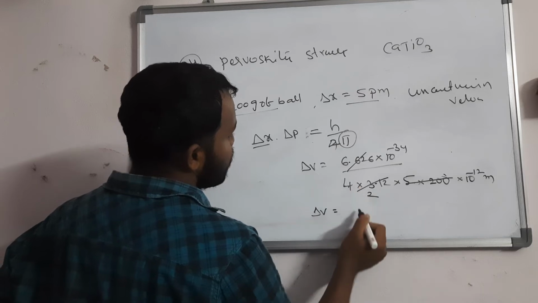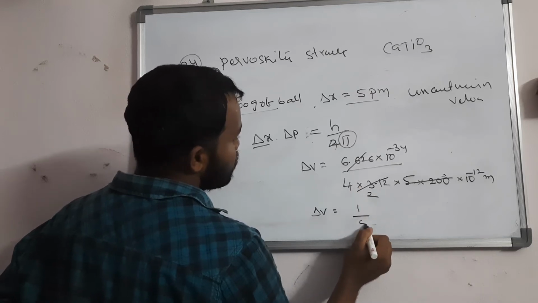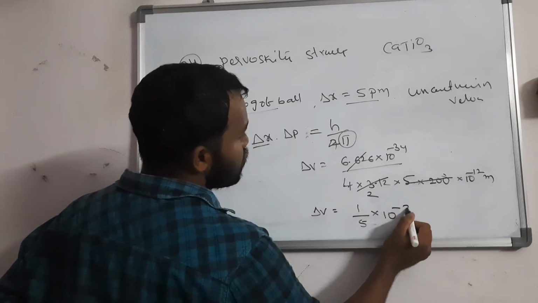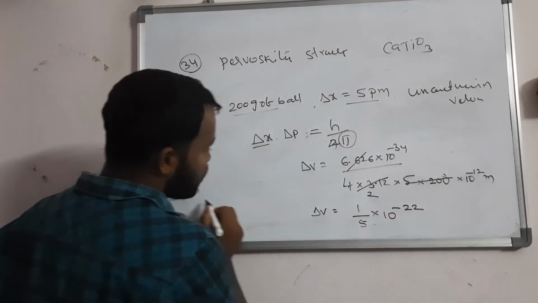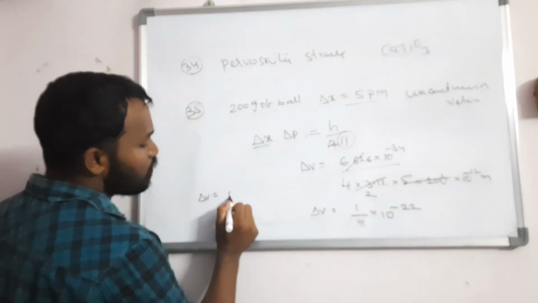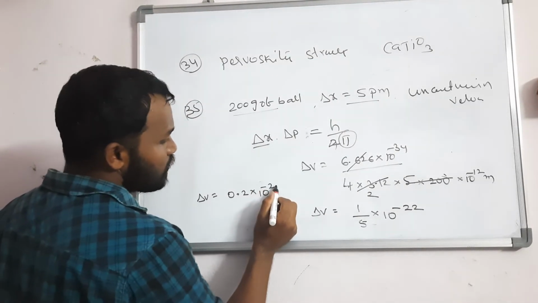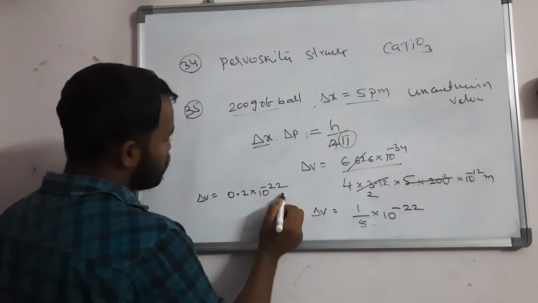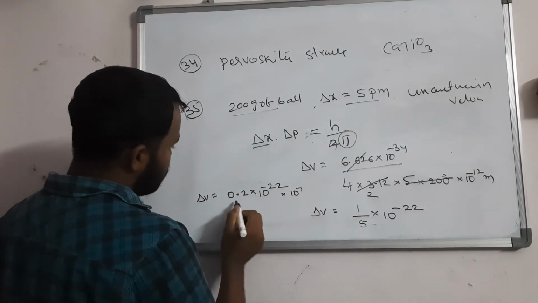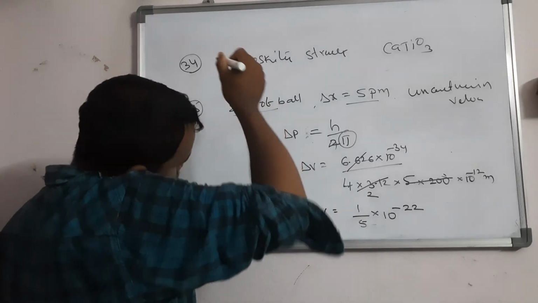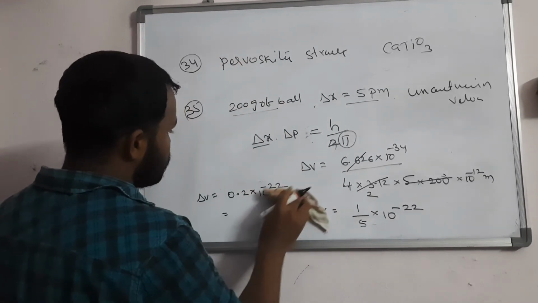Delta v is equal to around 1 by 5 into 10 to the power of minus 22. If you want to write, delta v is equal to 0.2 into 10 to the power of minus 22.